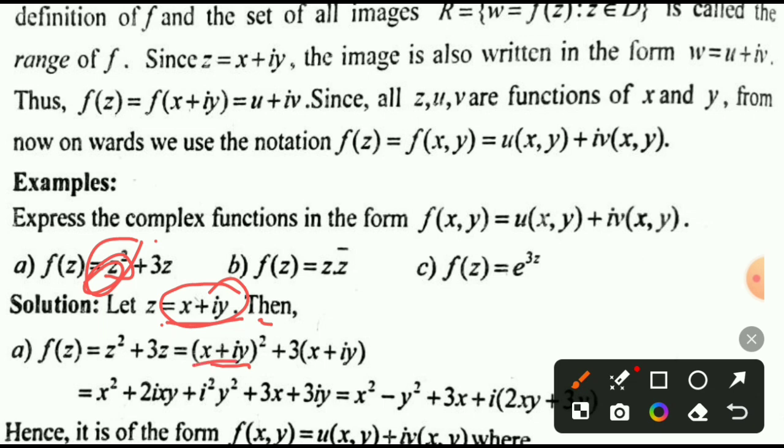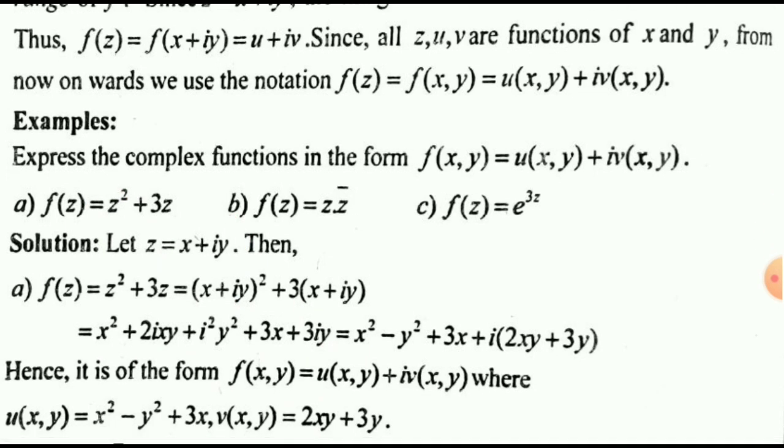Now when we multiply this, we get x squared plus twice ixy plus i squared y squared plus 3x, 3 times x means 3x, and 3 times iy, 3iy. Then here we have x squared, then again twice ixy plus 3x plus i into twice xy.